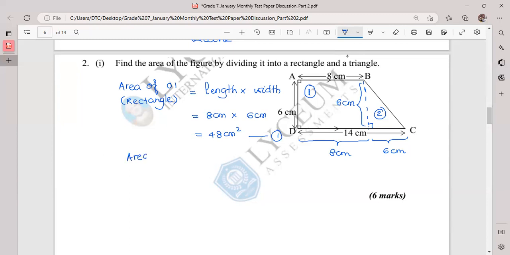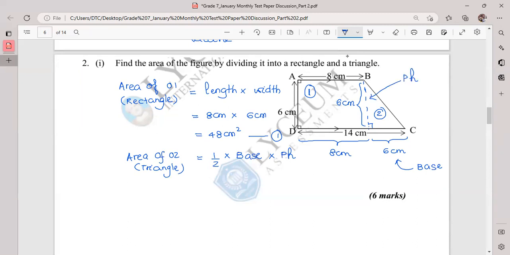Area of 2. And inside the bracket I write it is a triangle. Right? How to find the area of the triangle? Half into base into perpendicular height. Okay. So here I will consider this as the base. And this will be my perpendicular height.